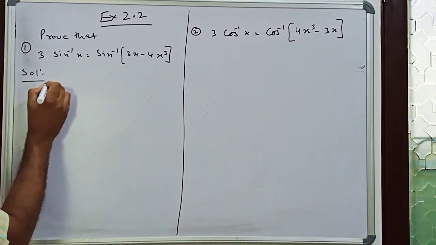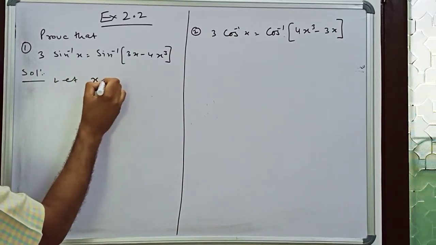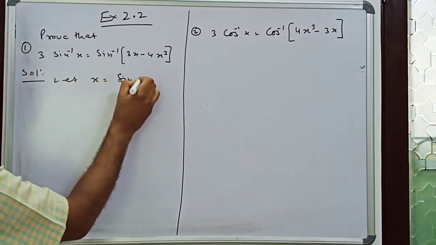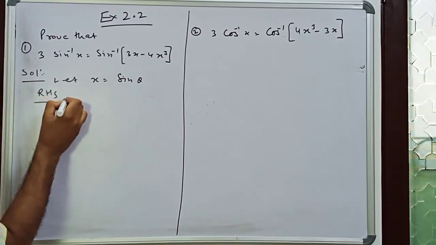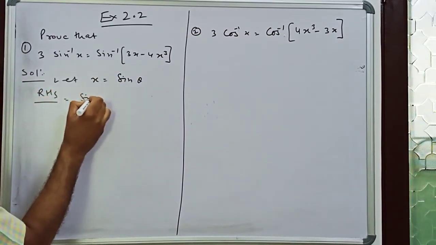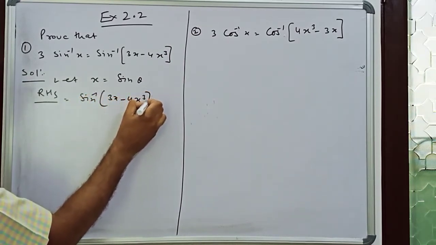Now the first step is, let x equal sin theta, and I am taking the RHS. In the RHS it is written sin inverse (3x minus 4x cube).